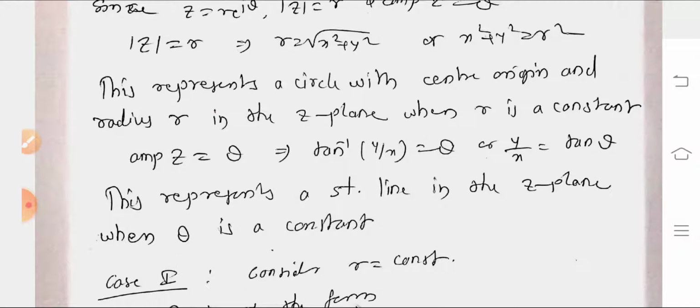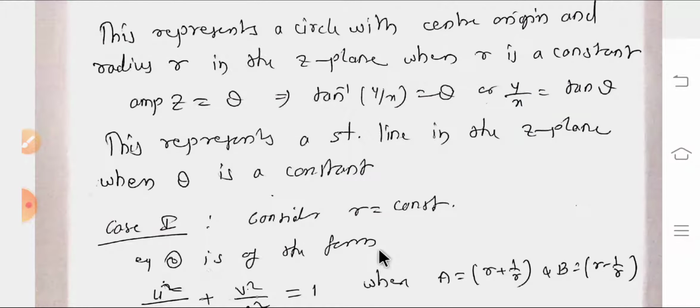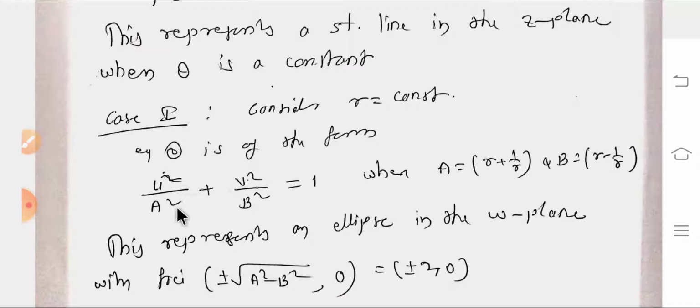Now case 1, consider r is a constant. So equation 2 is of the form u square by a square plus v square by b square equal to 1, where a equal to r plus 1 by r, b equal to r minus 1 by r.